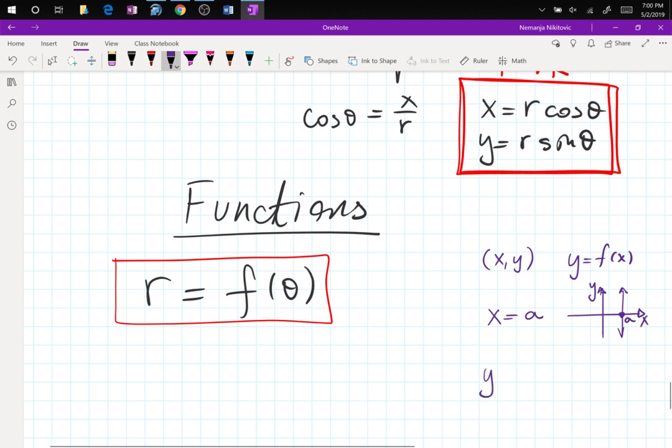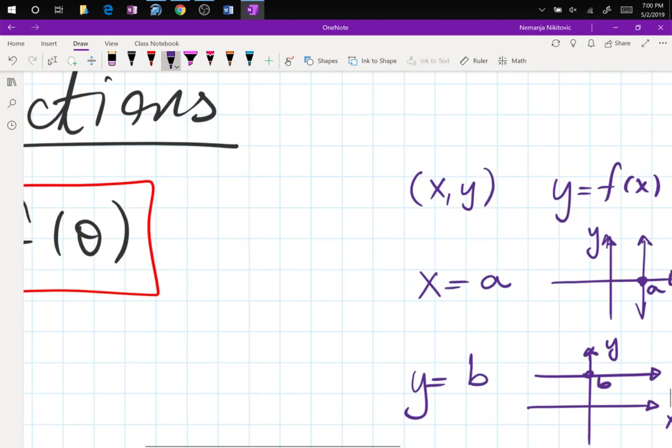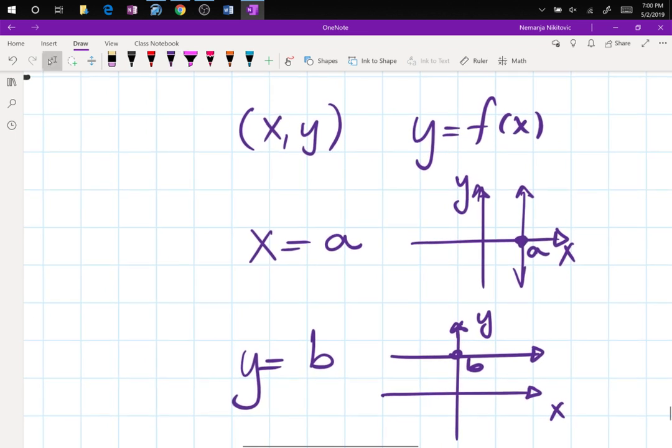Now how about if y is equal to b? The other coordinate, right? Y equals b. What do I get? Horizontal line through b. Nice. So these are your very basic functions.